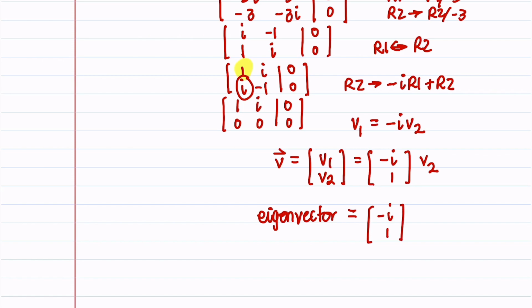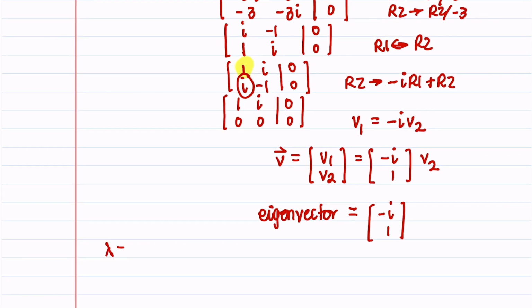And then for lambda equal to 2 minus 3i, our eigenvector is going to be the complex conjugate. So that is going to equal i, 1. For the complex conjugate, you change the sign in front of the i. So our minus i became an i.